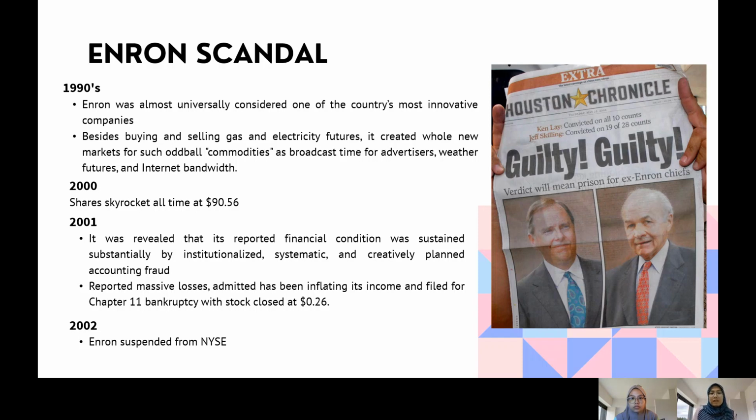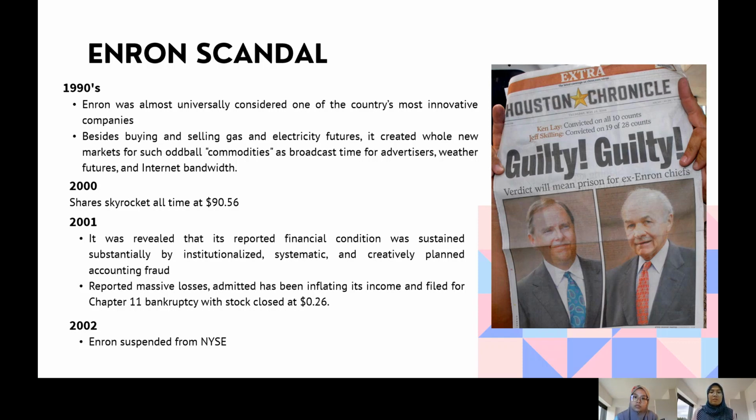And then besides buying and selling gas and electricity futures, it created whole new markets for such oddball commodities as broadcast time and weather futures and also internet bandwidth. As a result, with their progress, in the year 2000 their shares skyrocketed, which was very high at that time, with one share priced at $90.